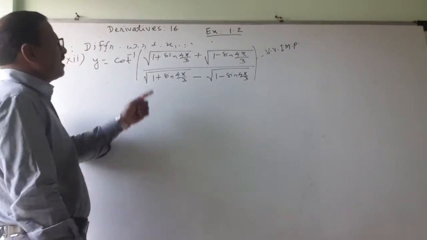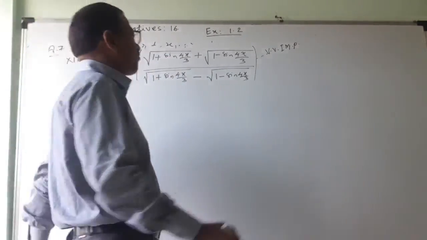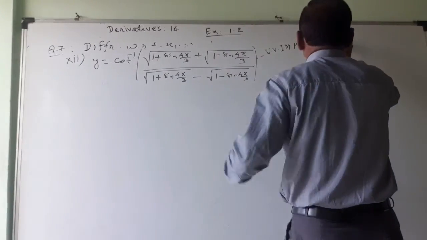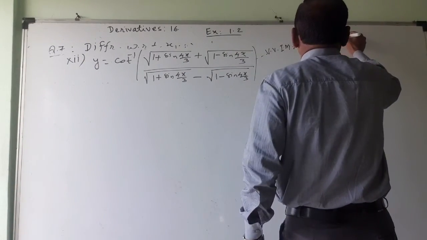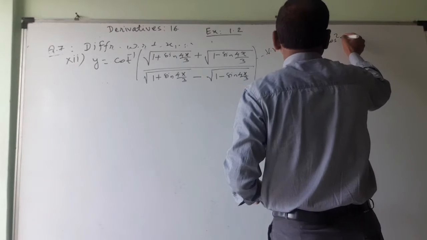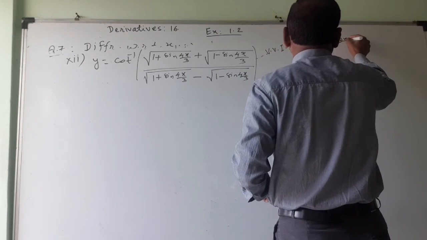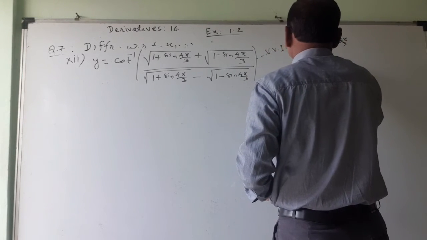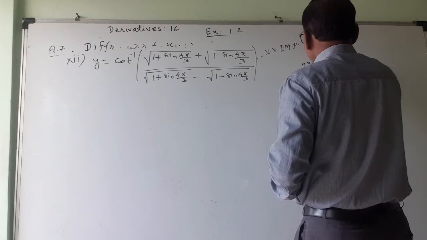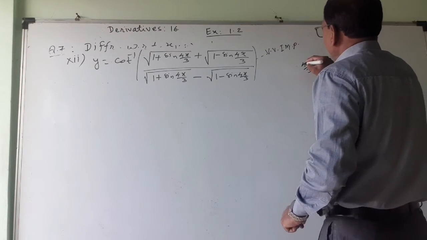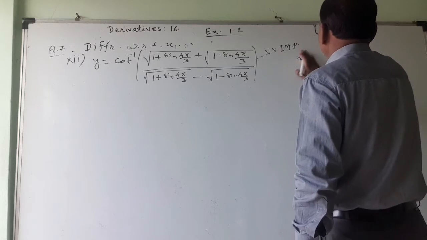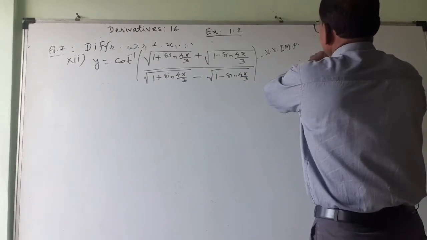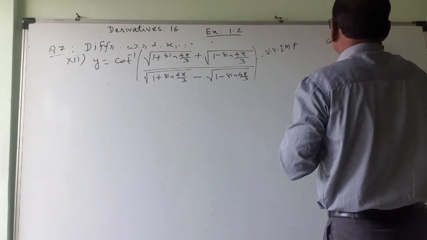How to remove? 1 plus sine of 4x upon 3 is the square of what? 1 means cos square of half of this, which is 2x upon 3, plus sine square 2x upon 3. See, 4x upon 3, its half is 2x upon 3.